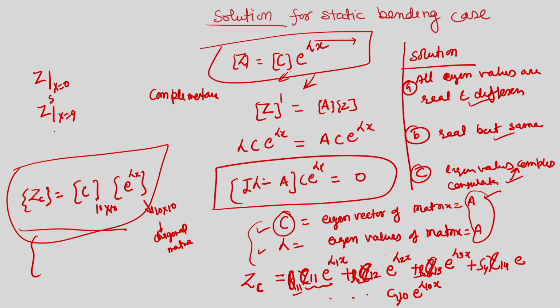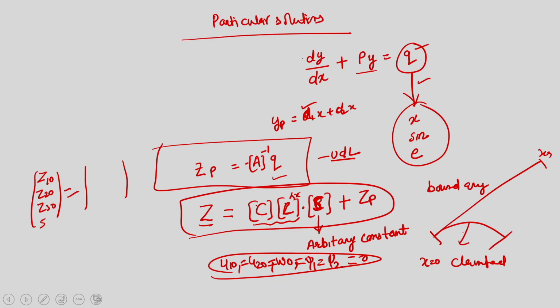So a new combination comes up there. From there, S1 to S10 can be solved. So arbitrary constants can be found by subjecting the boundary conditions to this equation. Once we know the boundary conditions, we can sort it out and the final solution can be written like this.